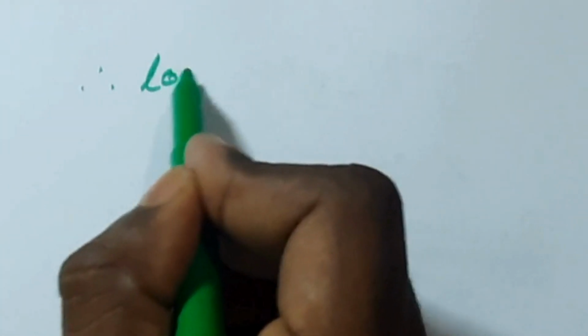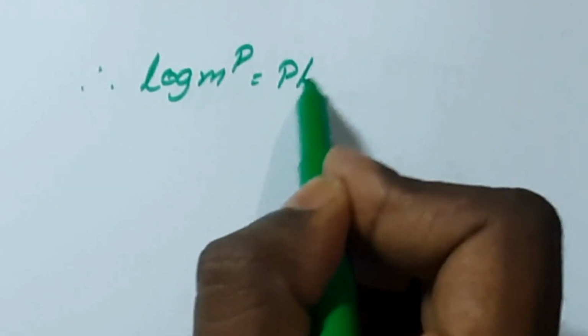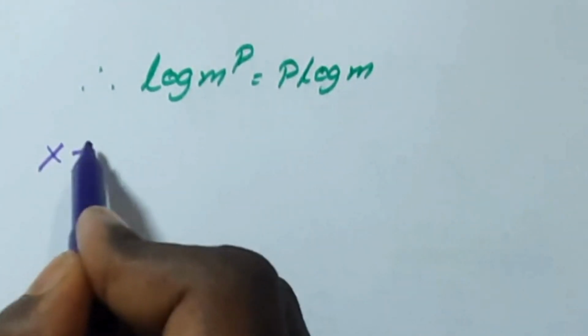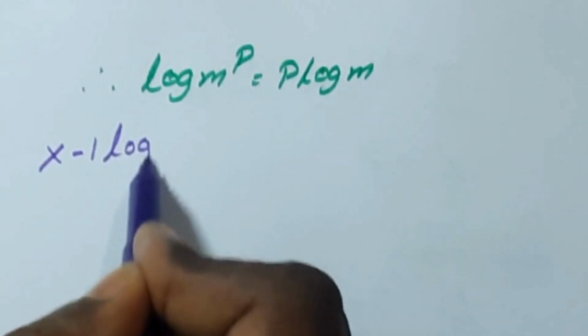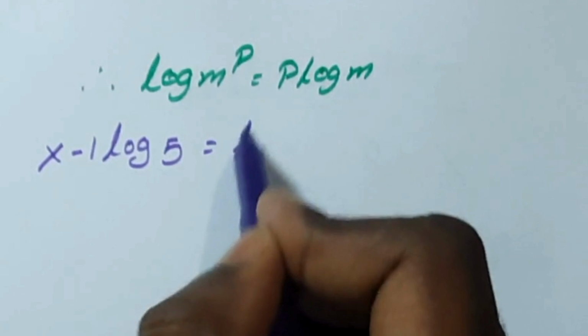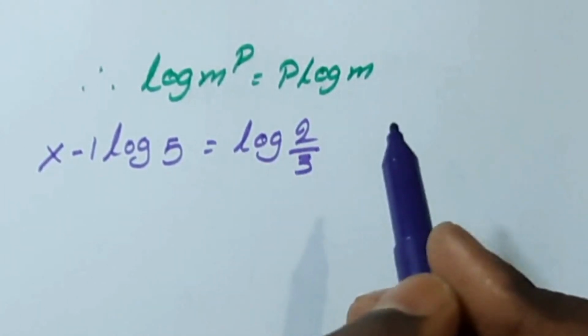Therefore, we are going to apply a power log formula. Log m power p equal to p log m. X minus 1 log 5 equal to log 2 by 3.